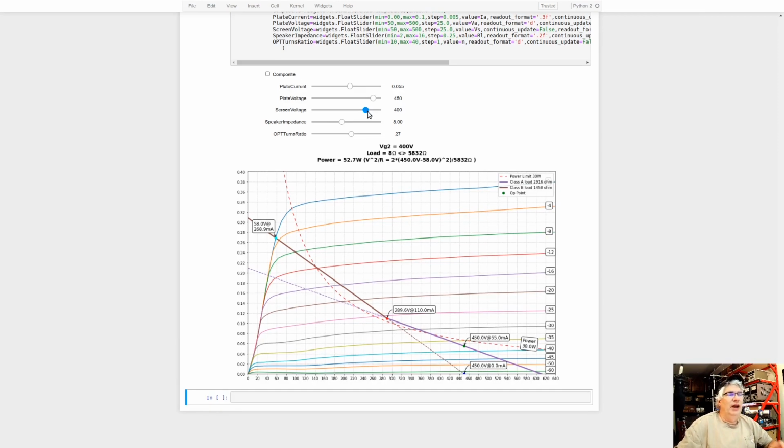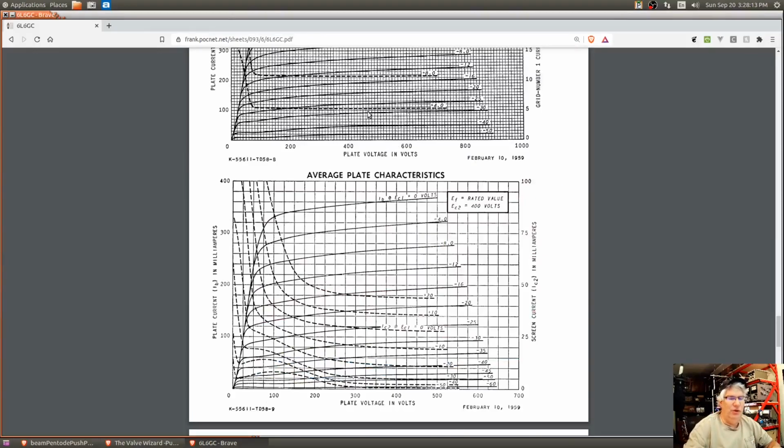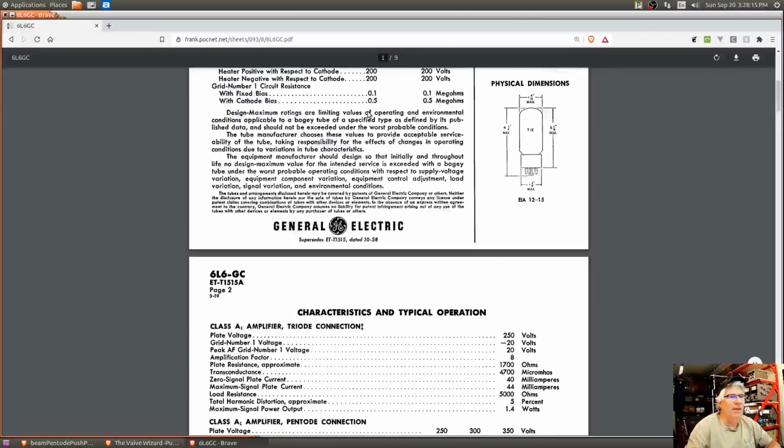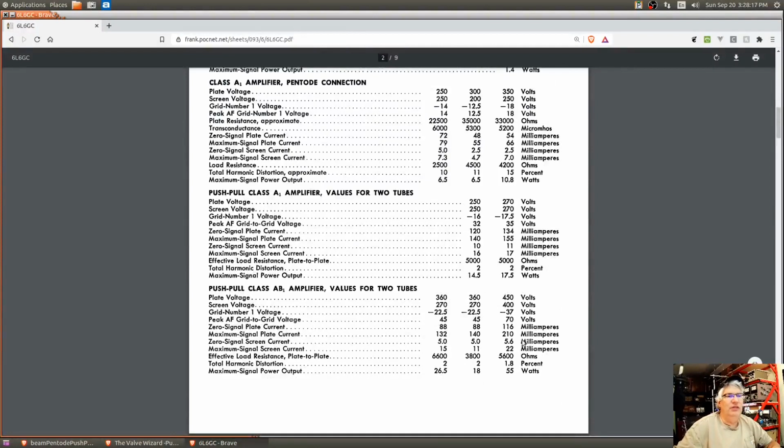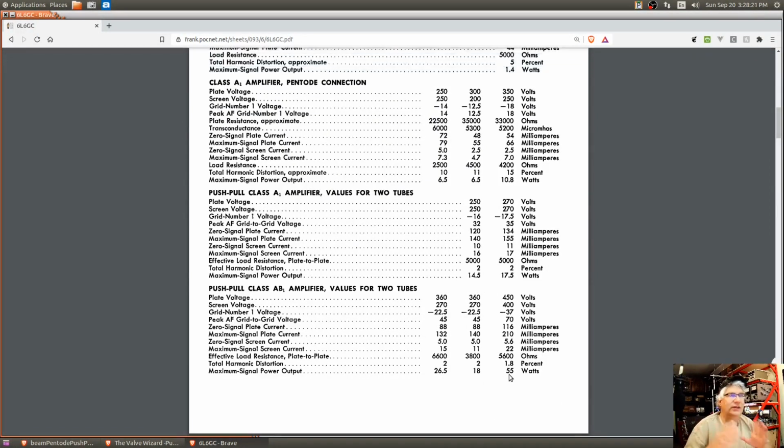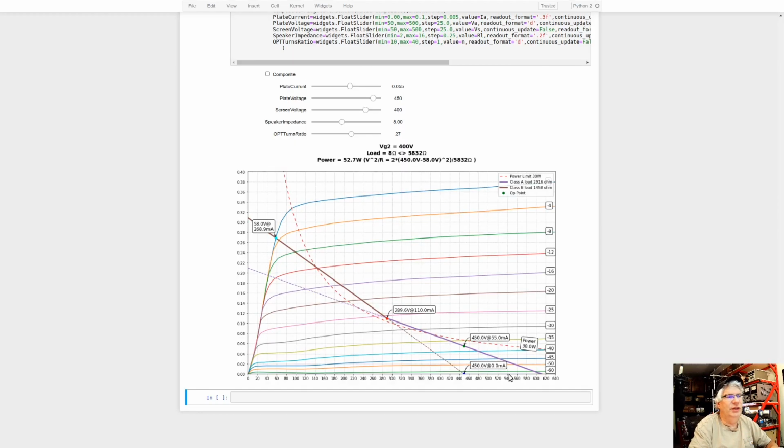So again, like I said before, I am looking specifically at this column of: if I design an amplifier to these values, what should I get out? And what is the load line? What would the load line look like if I'm running AB operation? So that's what we're seeing down here.